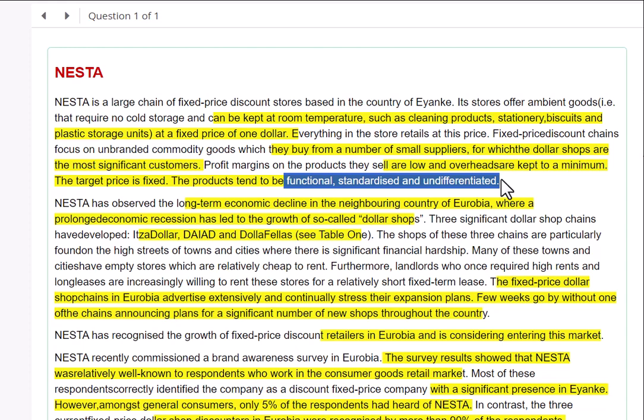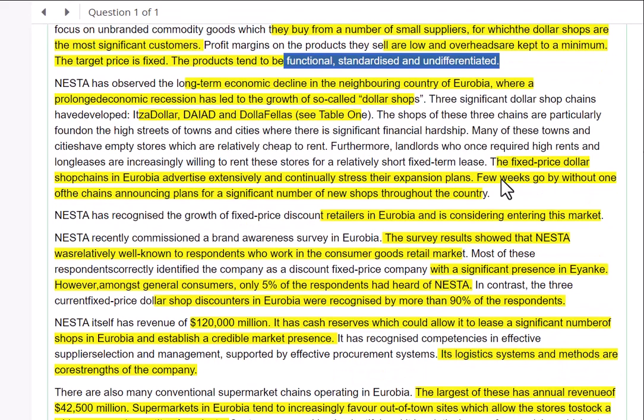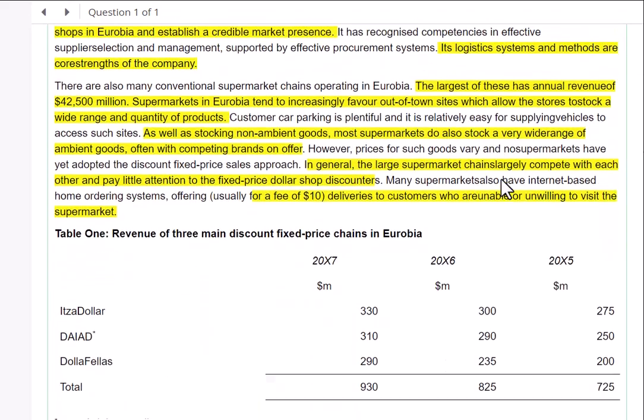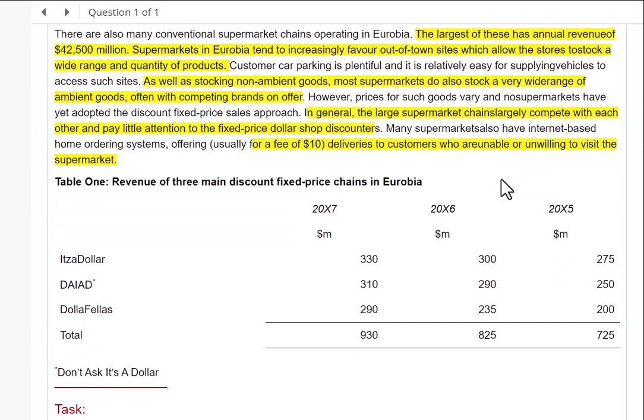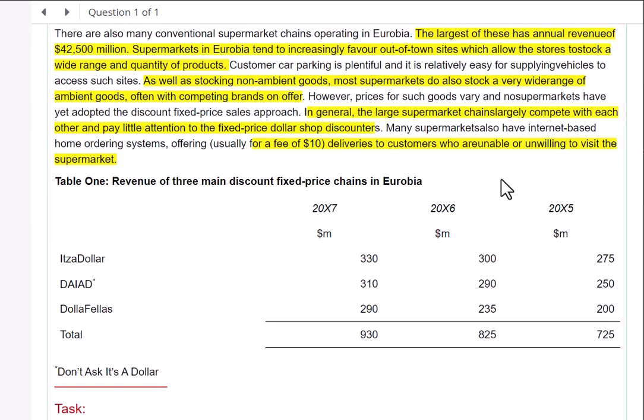Now, the next item in the list is the current competition. Currently there are three dominant competitors, and the names are mentioned over here: Dollar Fees, DIAG, and Dollars.